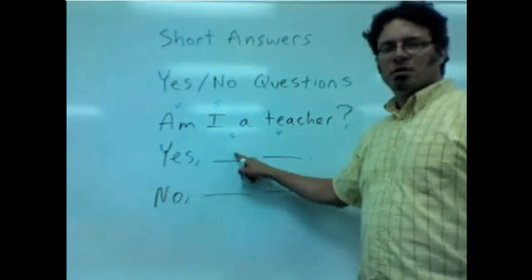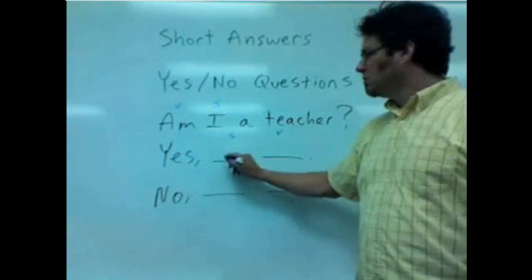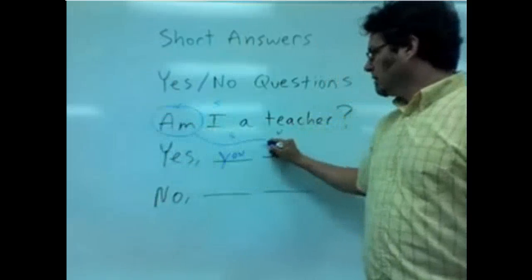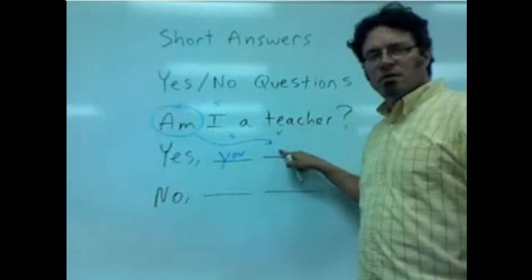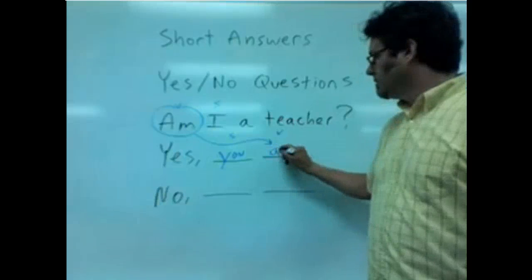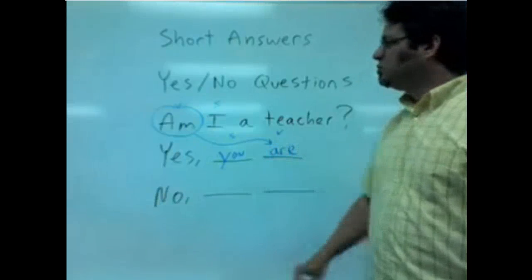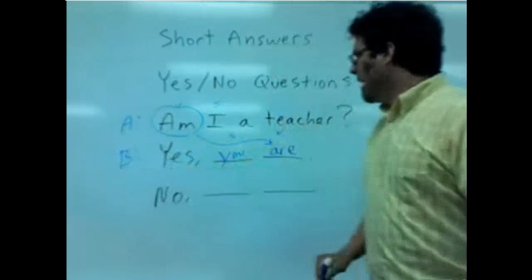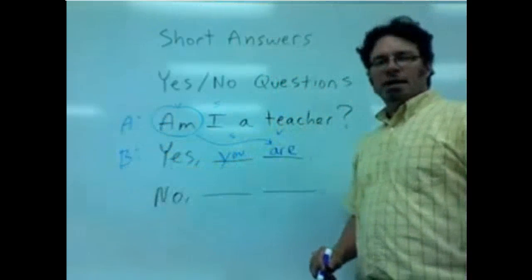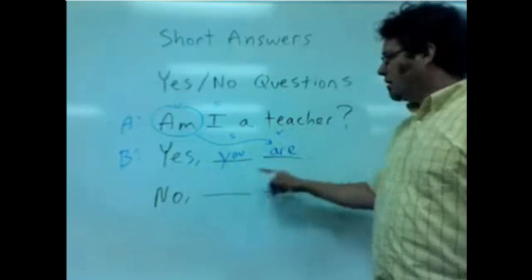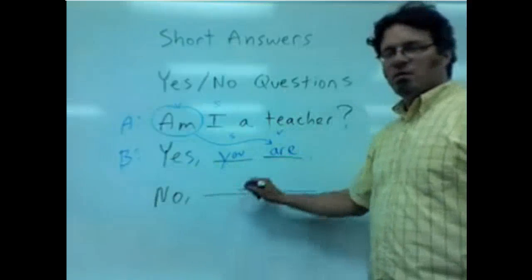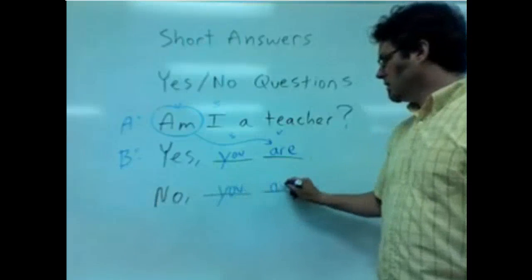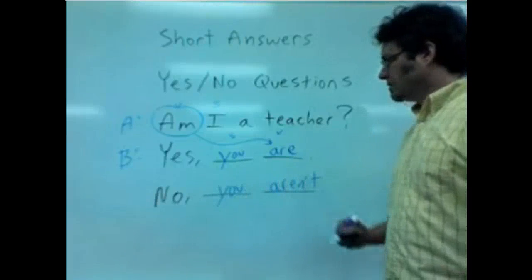Yes, you, and in this position, are. So two people are talking. The first person says, am I a teacher? The answer, yes, you are. If it's negative, no, you aren't.